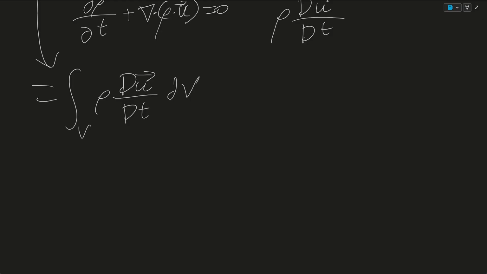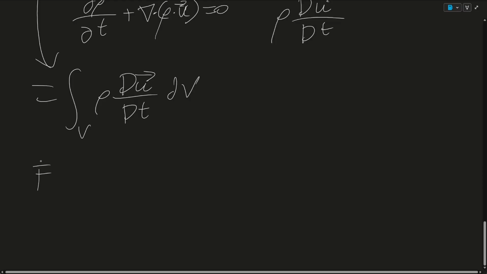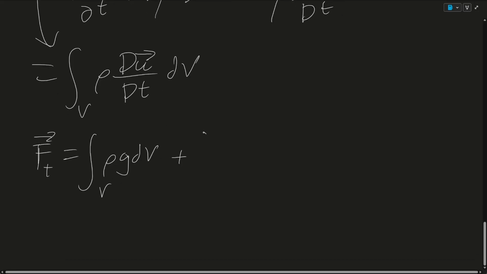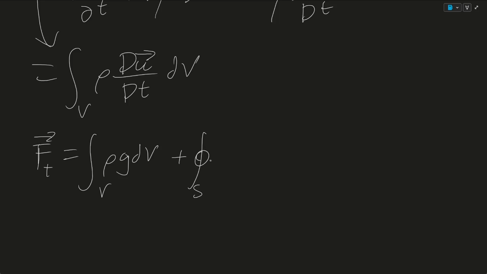We've got our body forces, F total is equal to the volumetric integral of rho g dv, and that's our gravitationalness, plus the surface integral of the forces acting on the surface. So here we have our stress sigma times n, which is just our normal vector, ds over our surface.